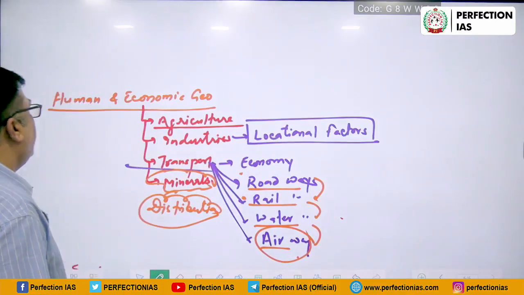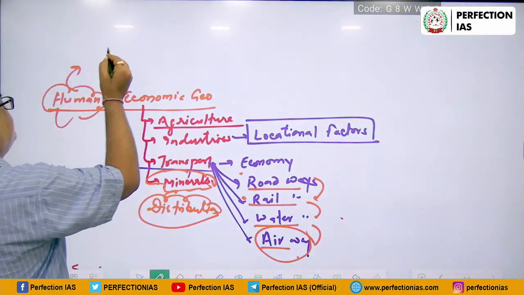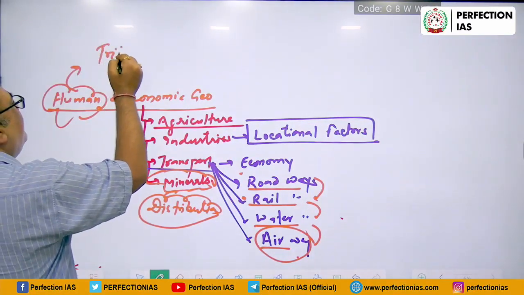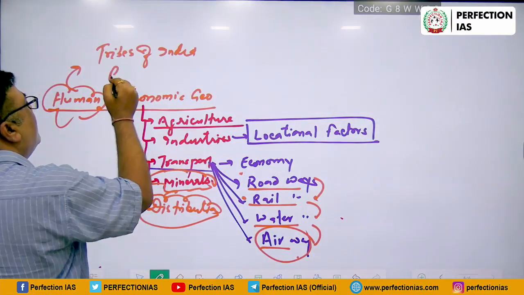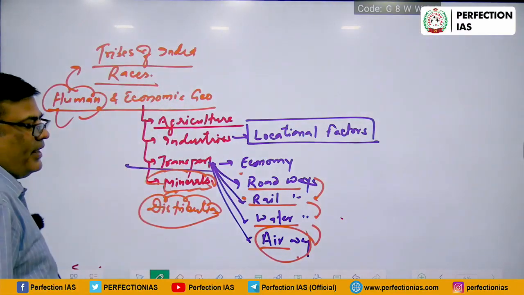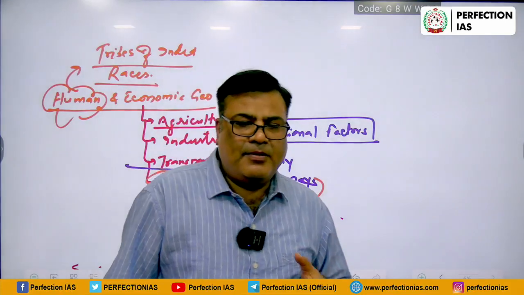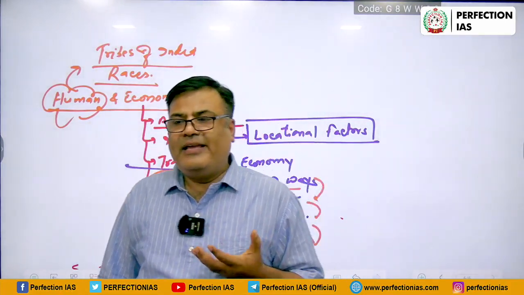All right. When we talk about the human aspect, it is very much related to tribes of India and races in the prelims exam. Which are the important races, what are the features, what are the important tribes.